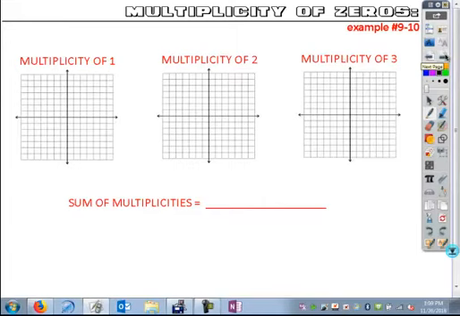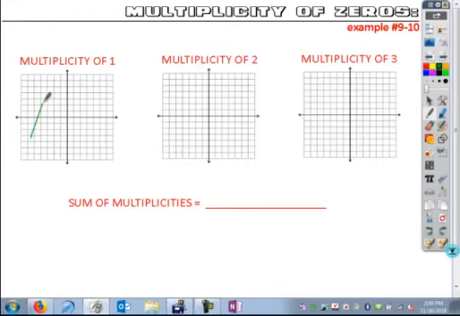If a graph has a multiplicity of 1, that means it's going to be that factor to the power of 1. What's going to happen is the graph will have a tendency to pass through the x-axis in what seems like a straight line.